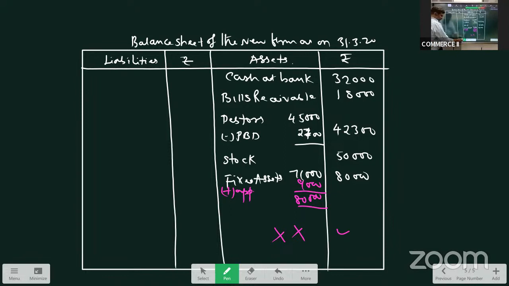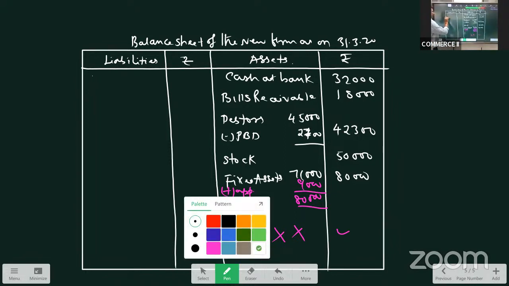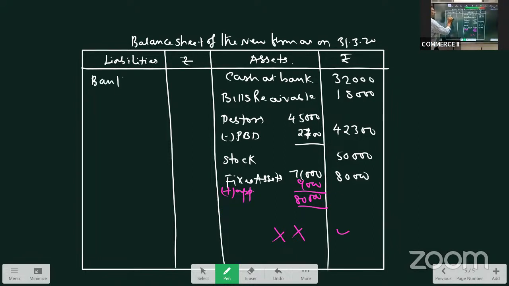On the liability side, we have bank overdraft, given as 18,000. Then outstanding expenses as it is. Then creditors, 28,000.